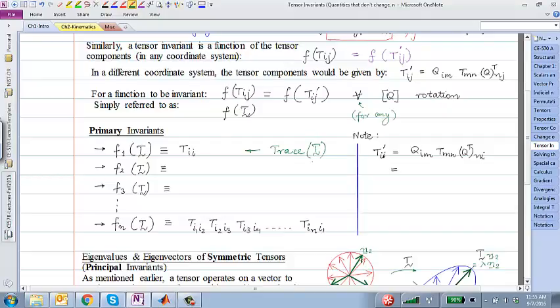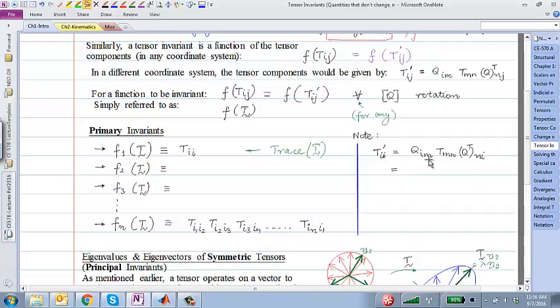Okay, and let's verify whether this is true. So we know for a fact that the primed components Tii prime are given by that change in coordinate systems formula. The primed components are given by the unprimed components, Q transpose post multiplied and Q pre multiplied, right?